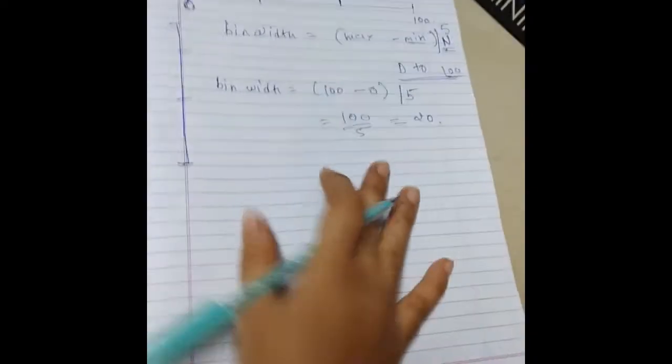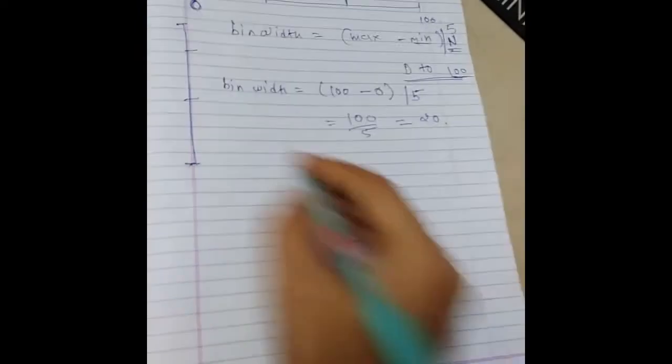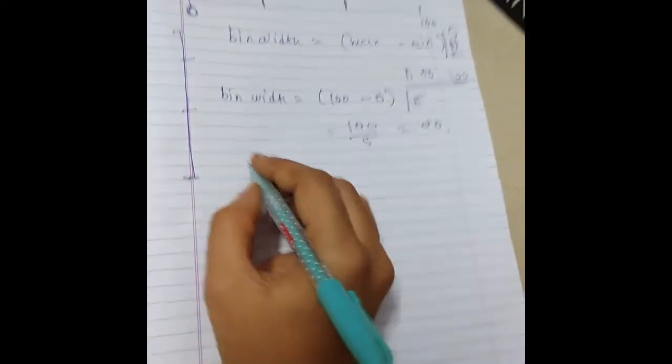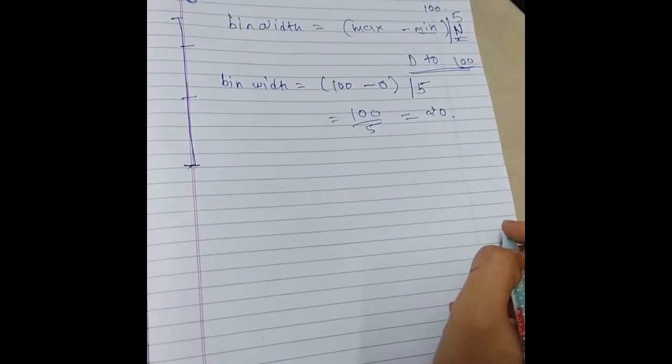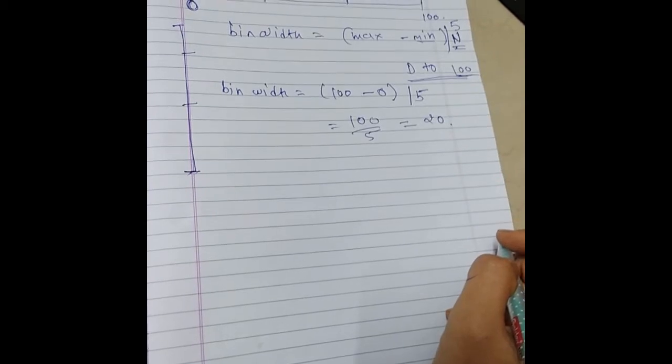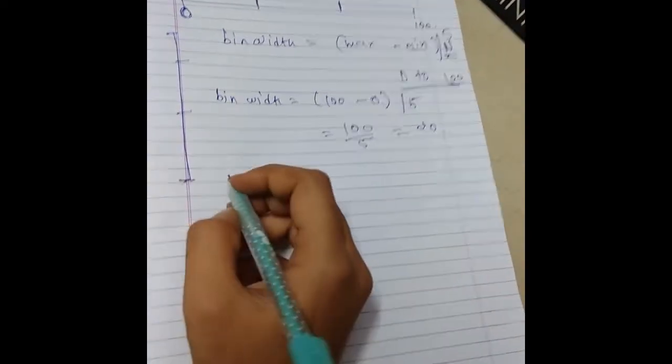Suppose we take n as 5, so the answer becomes 20. Now we can divide the data into equal widths, but the important thing to remember is that the first and last bins are extended to allow values outside the range. That is why the value becomes infinity.